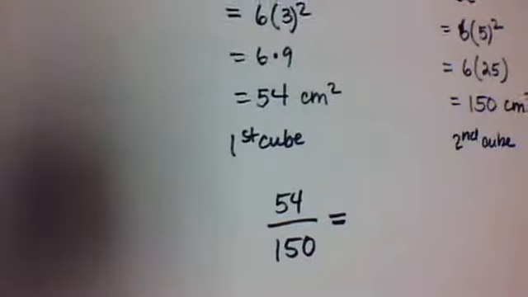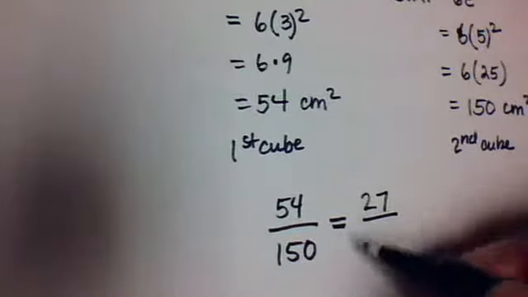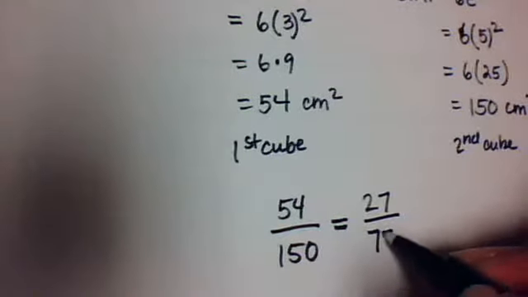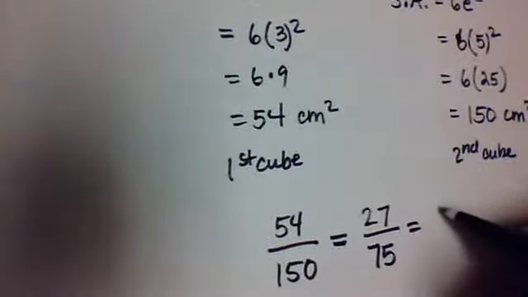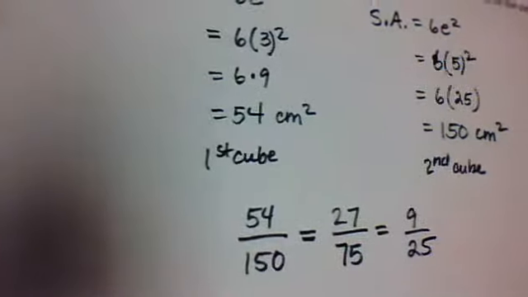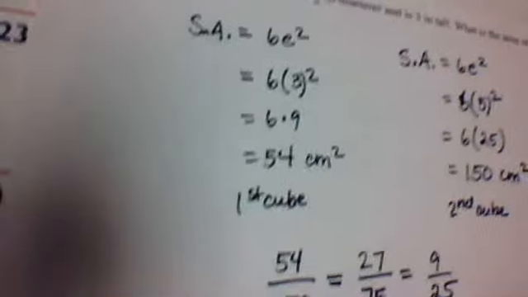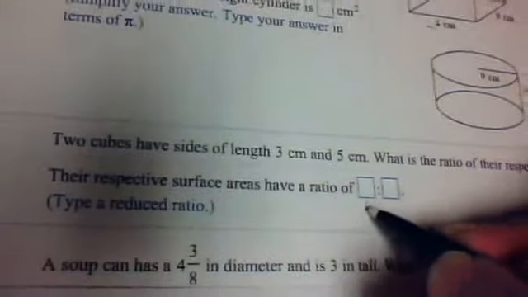And if we were to reduce that to its simplest form, this could be 27 over 75, and I think I can reduce that some more to 9 over 25. So the ratio is 9 over 25. Okay, so here we have the respective ratio of 9 to 25.